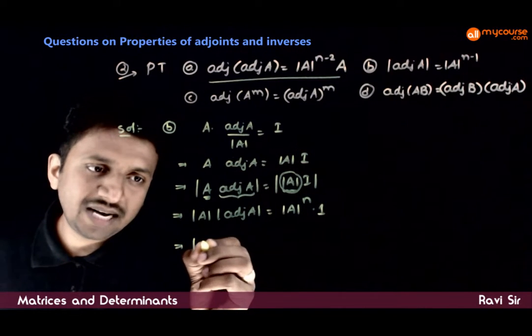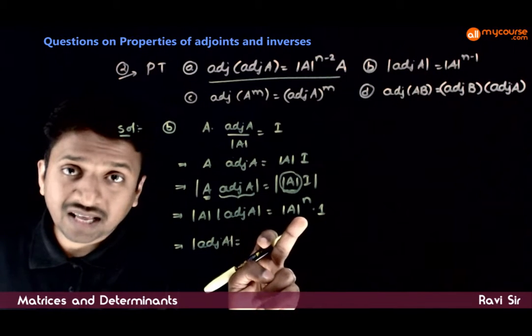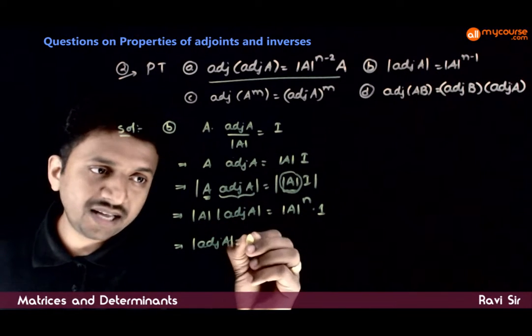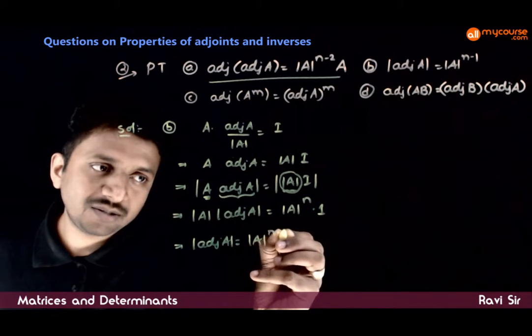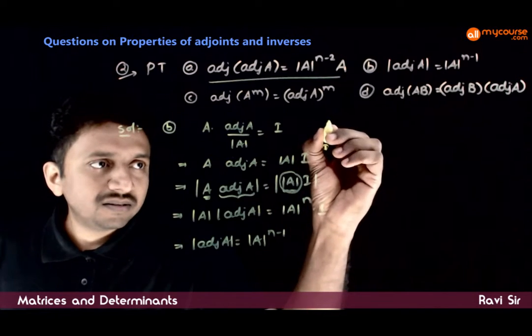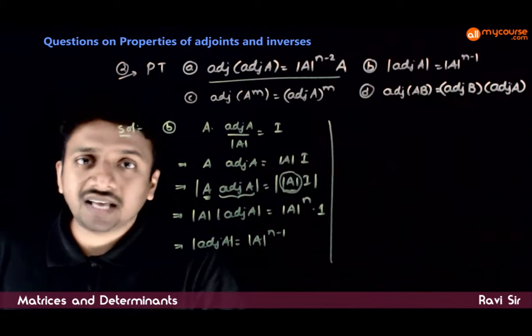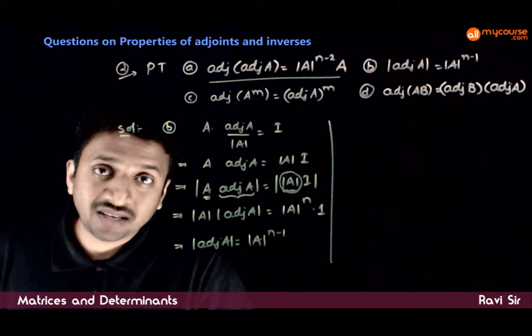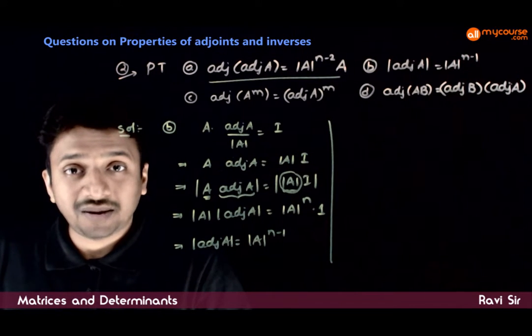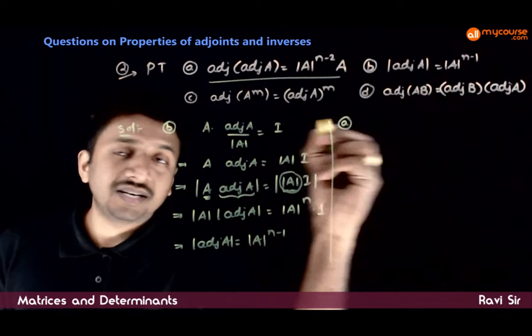So this implies det of adjoint of A is equal to (det A) to the power n by det A, which is (det A) to the power n minus 1. So this is the logic behind the result. Now let's go to our first result.